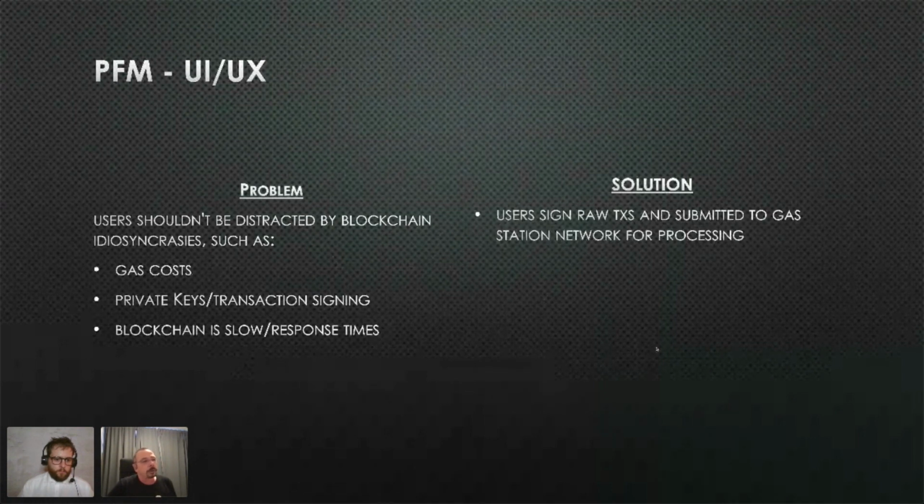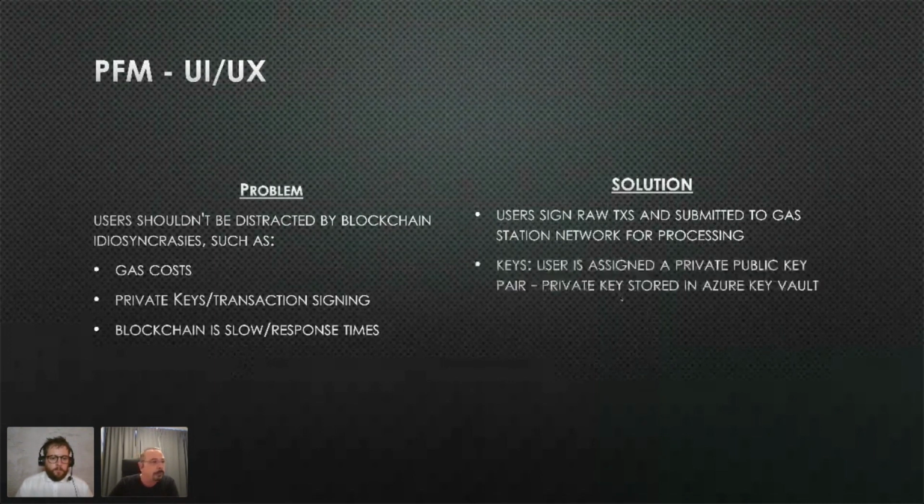In terms of how this is reflected in our architecture, we have our users sign raw transactions invisibly. So when they are submitting a transfer in the background, the user is effectively signing that transaction, and then it's submitted to our transaction manager, which uses a gas station network for processing.